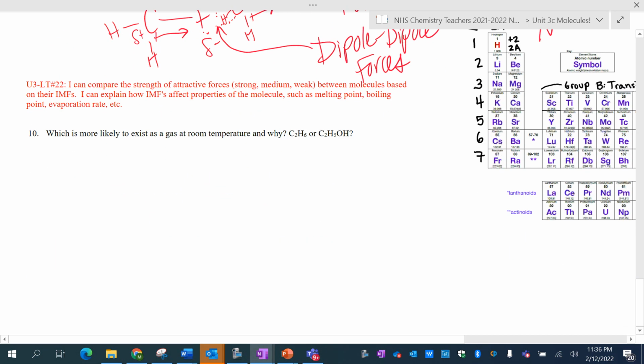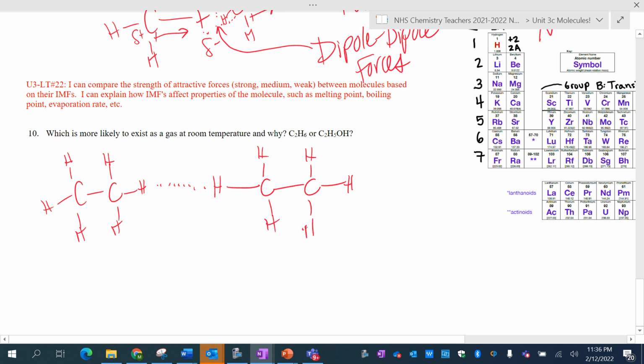Last, which would be more likely to exist as a gas at room temperature? C2H6 or C2H5OH? Let's talk about the first one. This has no greedy atoms.